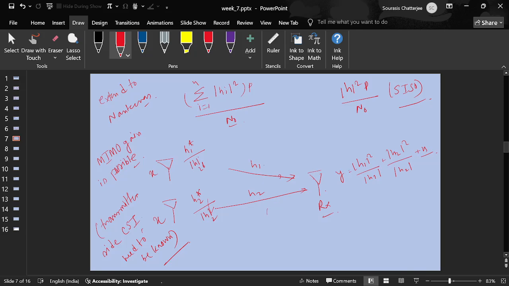You cannot have many antennas at the receiver, of course, because of form factor; your phone needs to be small enough. So how do you achieve the MIMO gain in that scenario? Let's say you are only allowed to have one receive antenna. So to achieve the MIMO gain, what is required at the base station end?